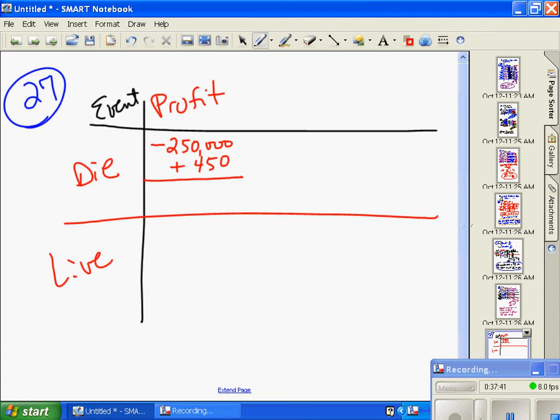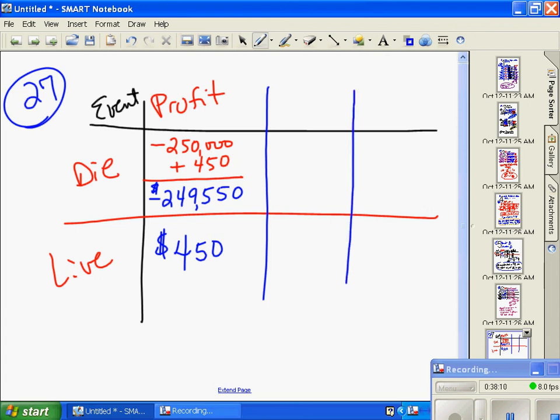So that company is actually losing $249,550 is the amount of money that the company is losing. If the person lives, the company has gained $450 for the premium that the policyholder has paid, but they didn't pay anything out. So that's all there is.